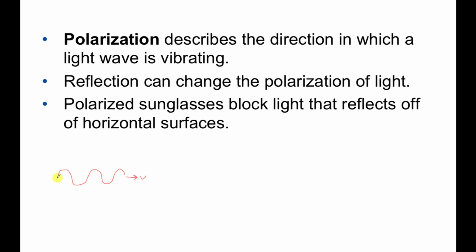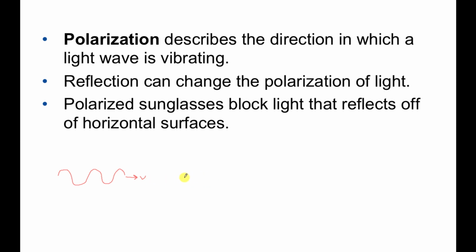In other words, if the electric field is going up and down in the plane of this screen that you're looking at, then we say that light is polarized, and the direction of polarization is vertical, up and down. Let's look at this view.